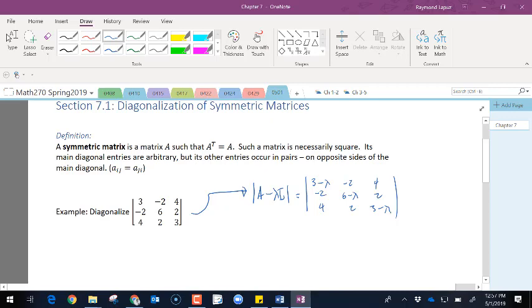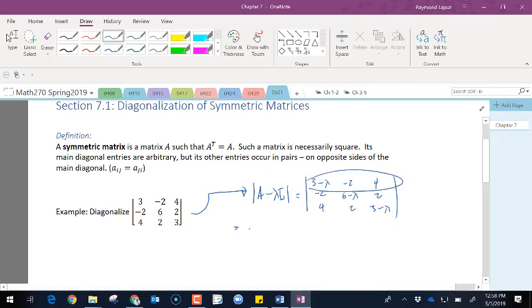So we want to find the determinant of that. Oh, you remember how to find the determinant? All these things are coming back to us. So you cross out. Let's expand on, I guess it doesn't matter what we expand on. There are no zeros, so that's not going to help us. Let's just expand on the first row.